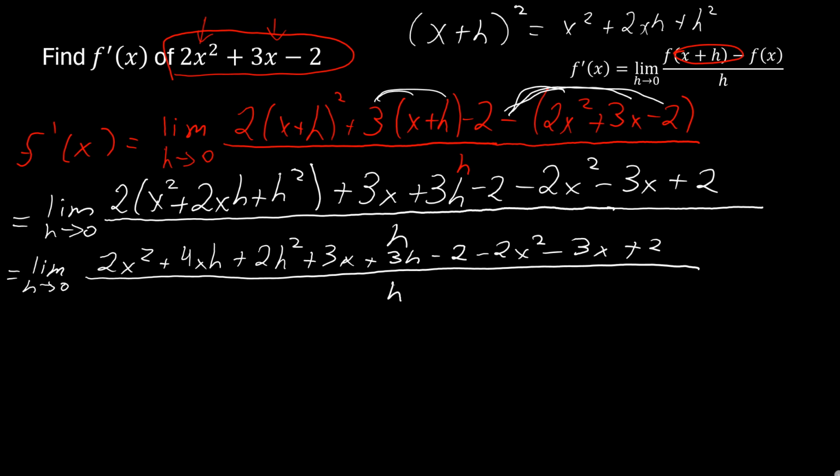Now when you get to this step where everything's factored and FOILed out, you really want to look for things that cancel. If you did the problem right, there's going to be a lot of things that cancel.